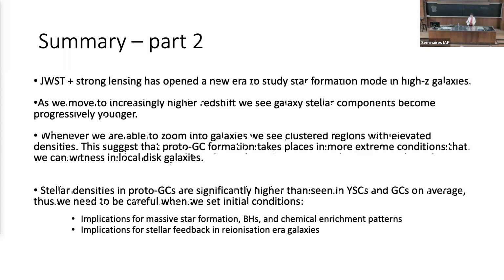But if you look now at the recent work where they are looking at higher stellar densities, so the number of particles go up to 10 to the 6, 10 to the 8, then there is a chance that the black hole can grow inside. Because the escape velocity is much higher? Yes, because the escape velocity is much higher.